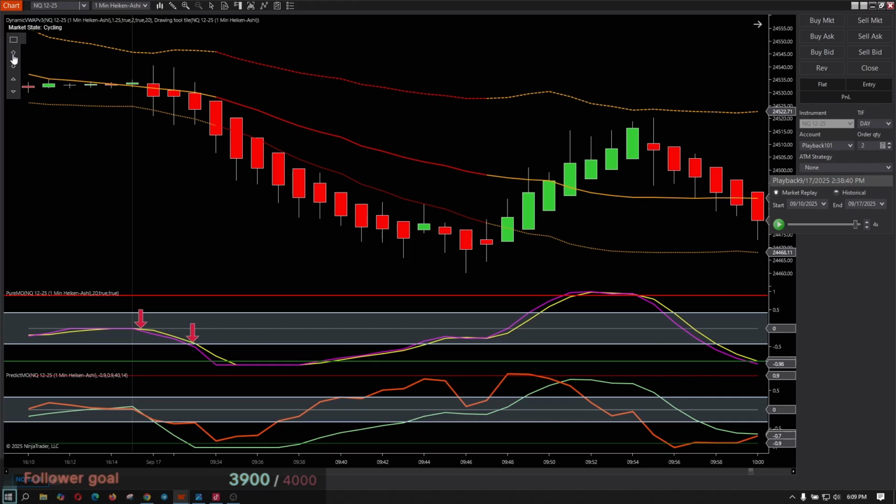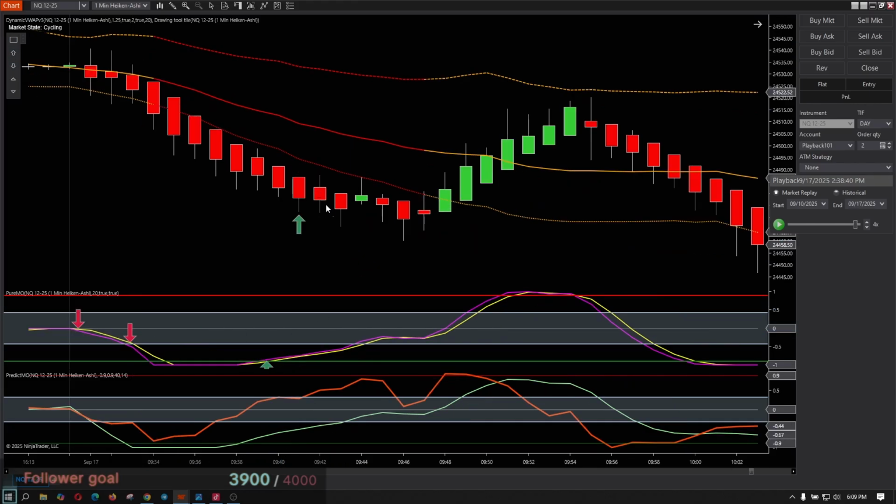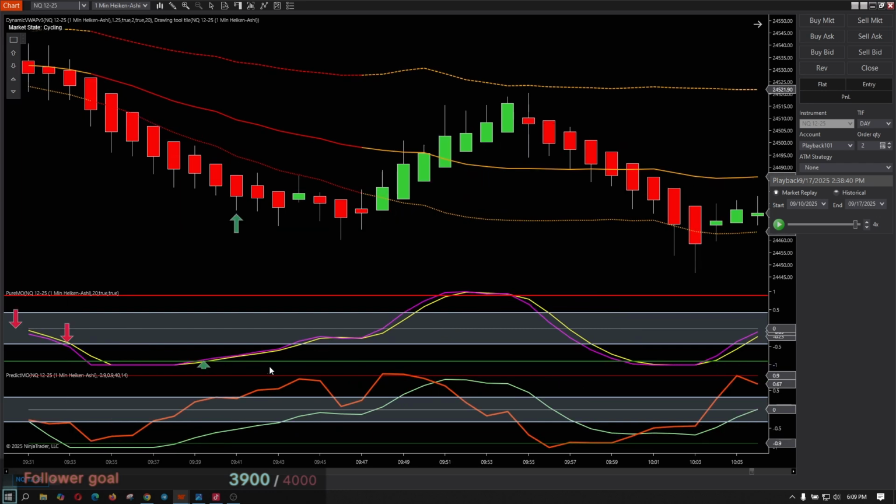And your exit would have been the moment you got the tilt, which would have been probably at this bar right there. And notice how momentum just kind of waffles off and doesn't do anything. So it really captures the strongest part of the momentum move from inception, from the entry all the way till the exit right there, okay?